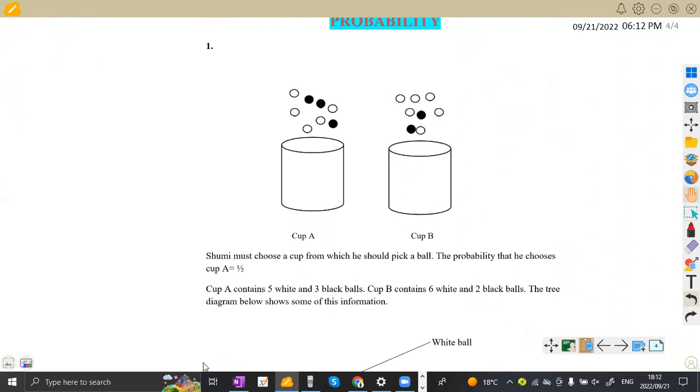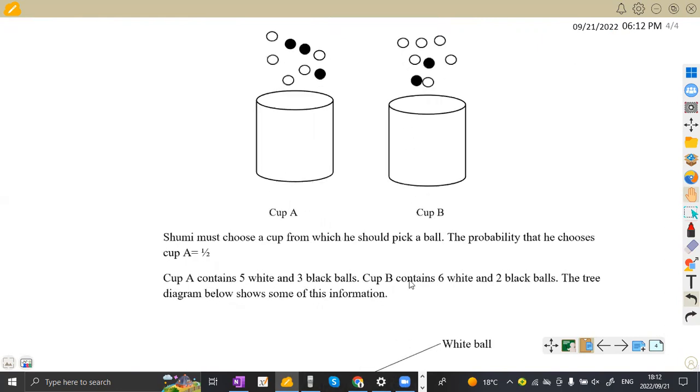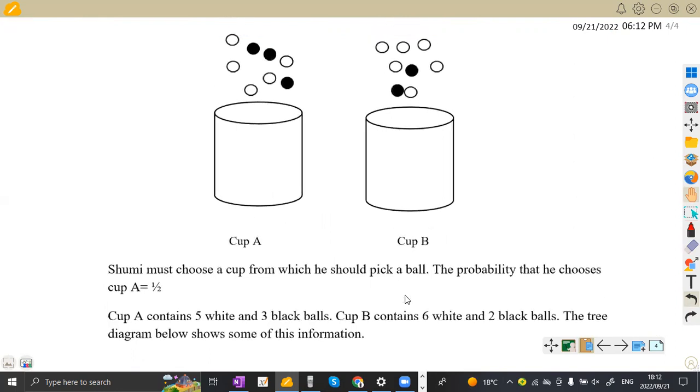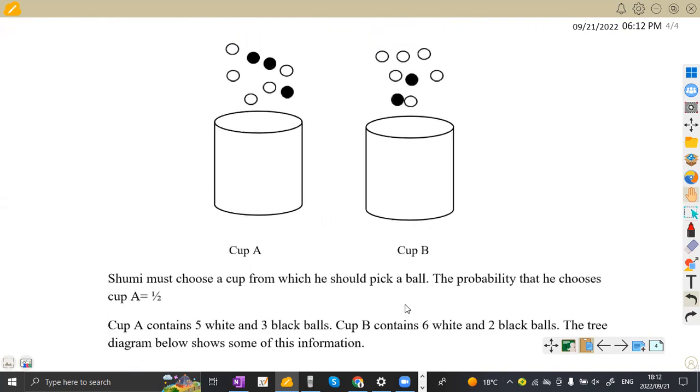All right. On this one, what are we given there? Shumi must choose a cup from which he should pick a ball. The probability that he chooses cup A is a half.